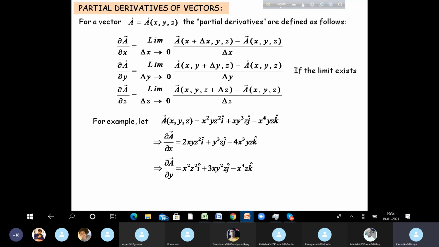So you get x square z square i cap plus 3xy square z j cap minus x to the power 4 z k cap. And del A del z is equal to 2x square yz i cap plus xy cube j cap plus x to the power 4 y k cap. All right, so this is how you do partial derivatives.